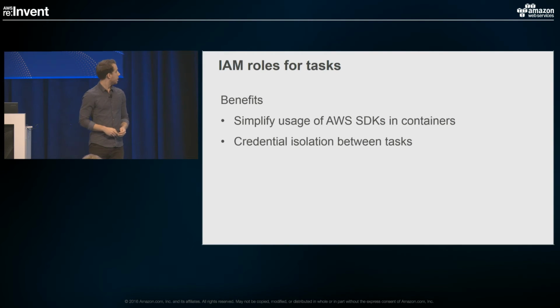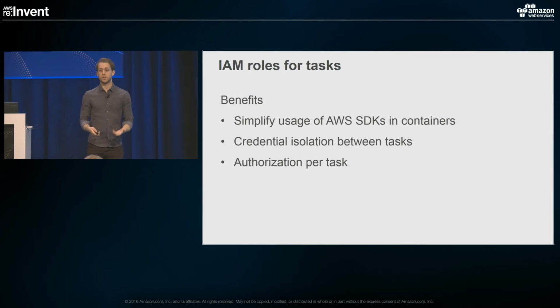You also have credential isolation between tasks. Previously, all tasks running on a single instance would be using the same underlying role. And that would show up in CloudTrail as, this role executed this API call. You would have no idea which of those running containers actually executed that API call. So from an audit perspective, it made things very difficult.